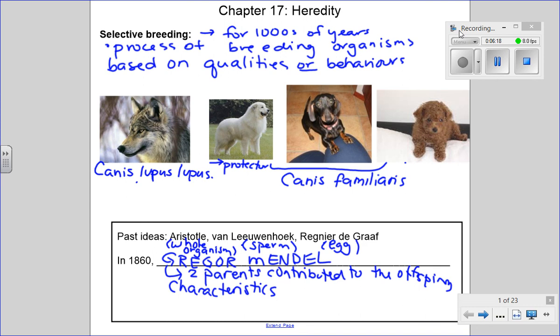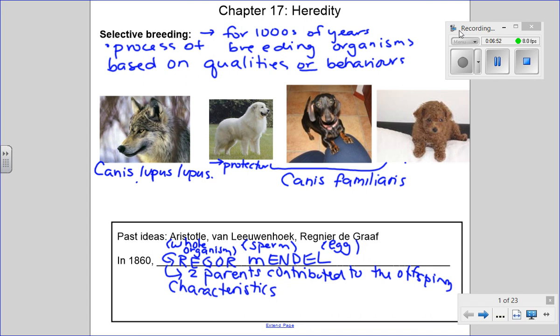And I'm sure if you think about your own family, maybe not you personally, but there's probably someone in your family where you're like, oh yeah, that person totally looks like their mom and doesn't really look like their dad at all. Or that person totally looks like their dad, doesn't look like their mom at all. And because if you just look at the outside, sometimes it's hard to tell where the characteristic is coming from, it took until we understood a little bit more about genetics for us to really understand how to make the most of selective breeding.